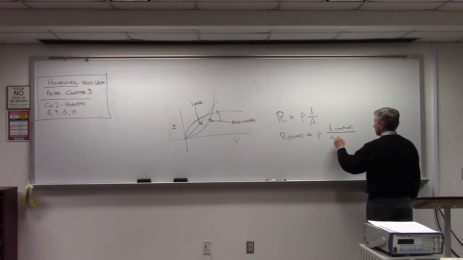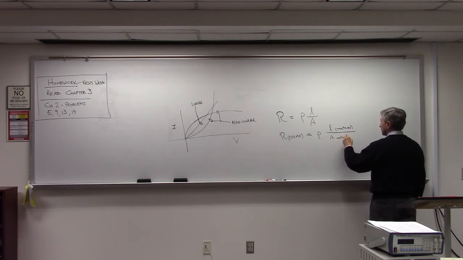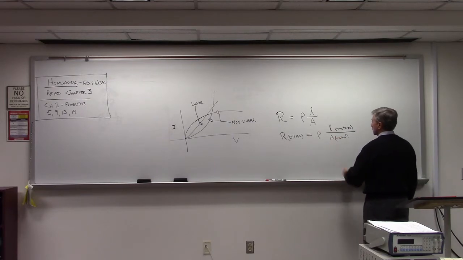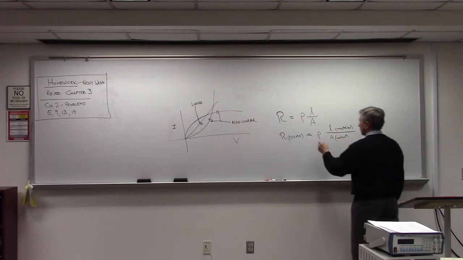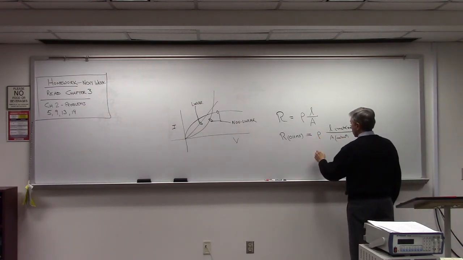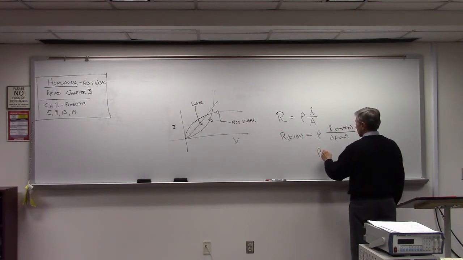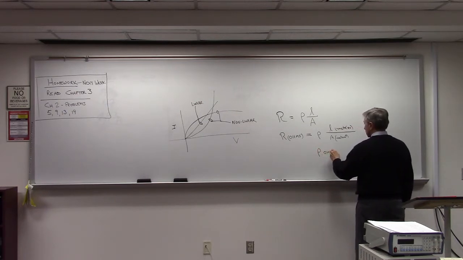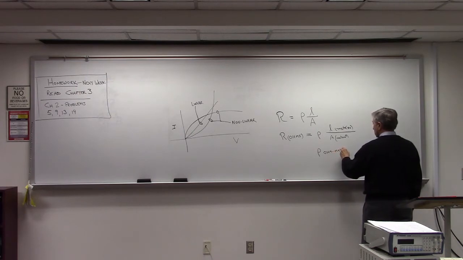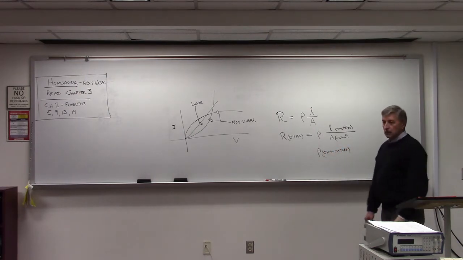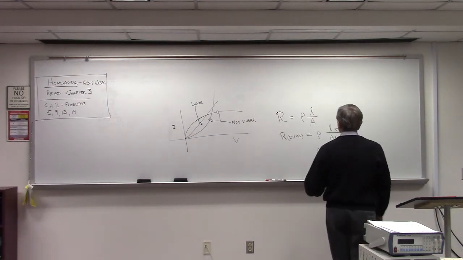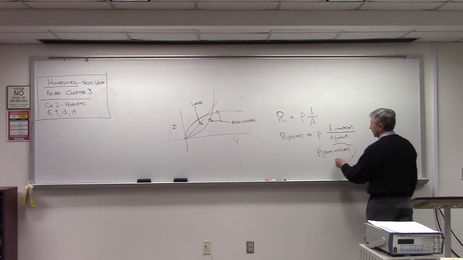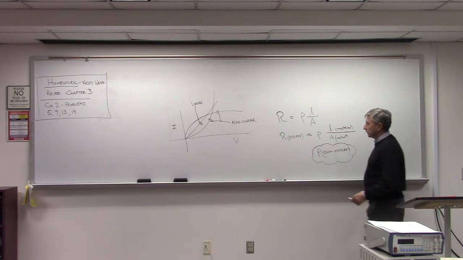The area is in meters squared. Cancels that, and this guy here, resistivity is in ohm meters. That's the dimension, and the symbol that I wrote is the Greek letter rho. Okay? So resistivity, the dimension is ohm meters, it's the Greek letter rho.